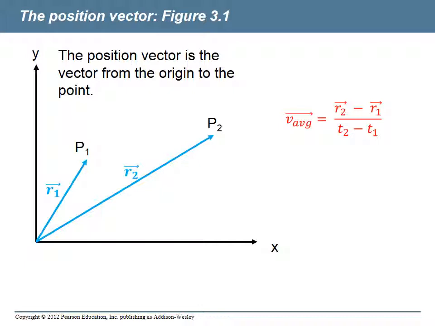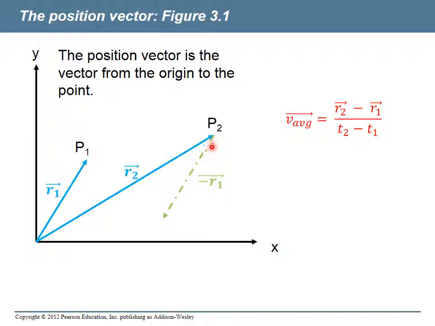Now, subtracting vectors is just like adding a negative vector, right? So R2 minus R1 is the same thing as R2 plus a negative R1. So if we were to draw a negative R1 at the head of R2, we'll get this.